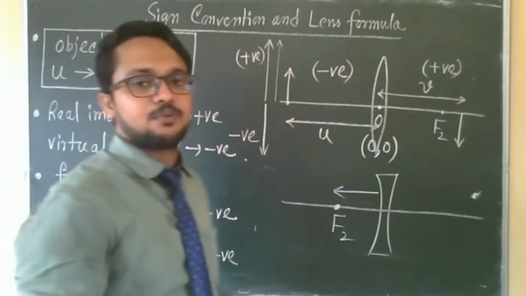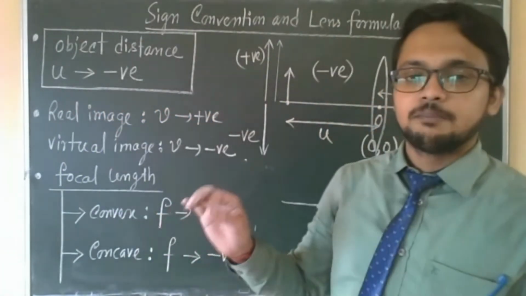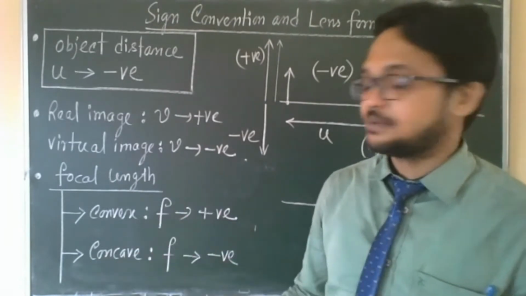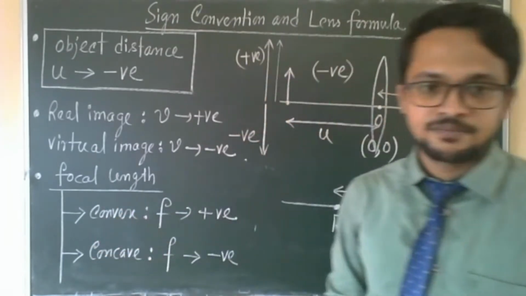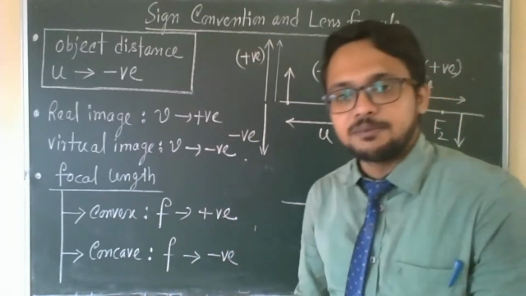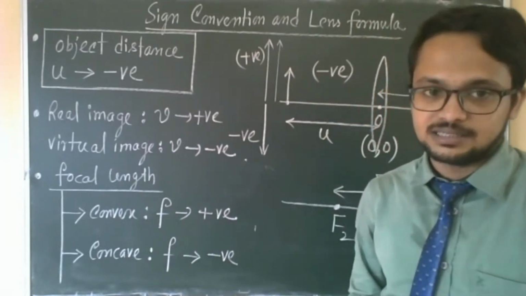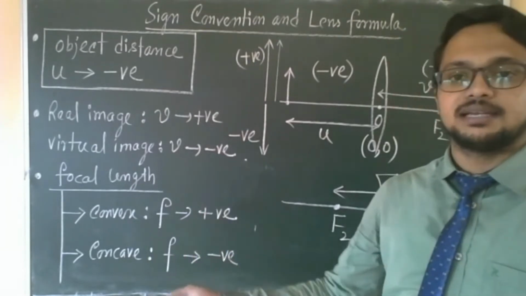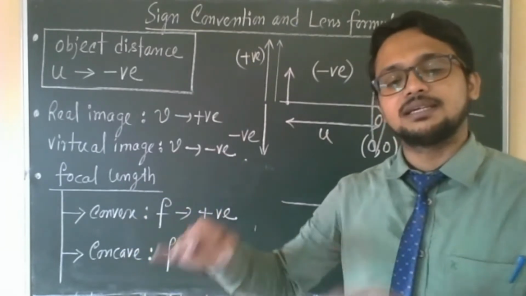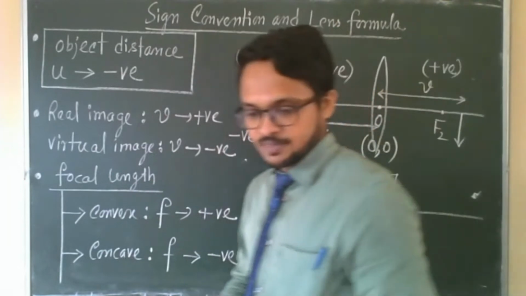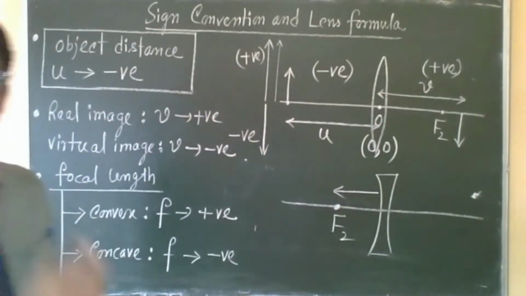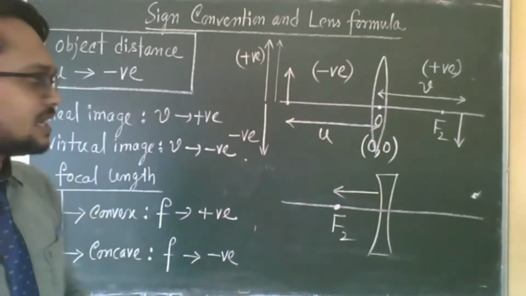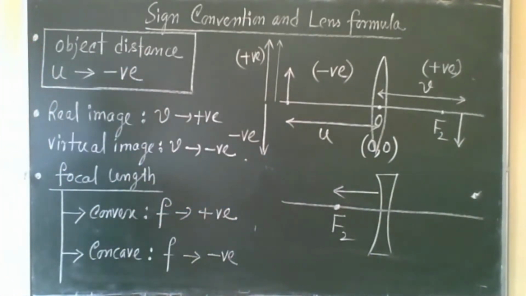If in a question the focal length is given as f equal to plus 10 centimeter, which kind of lens is it? Plus 10 means positive, so convex. If the focal length is minus 15 centimeters, which kind of lens is it, diverging or converging? Minus means negative, which means concave, and concave means diverging lens. This kind of short conceptual question you can get. All the answers you will get from this sign convention. Clear up to this?